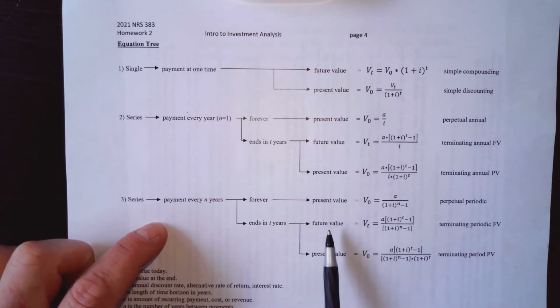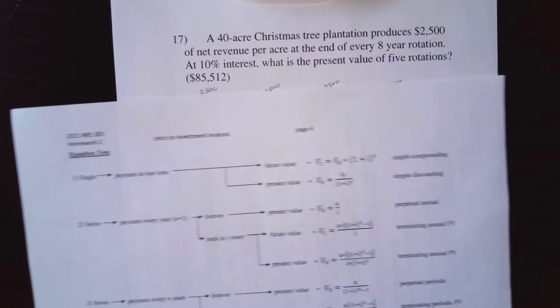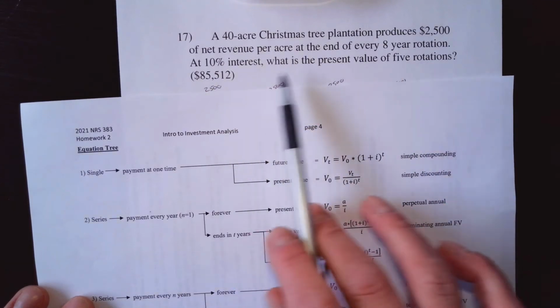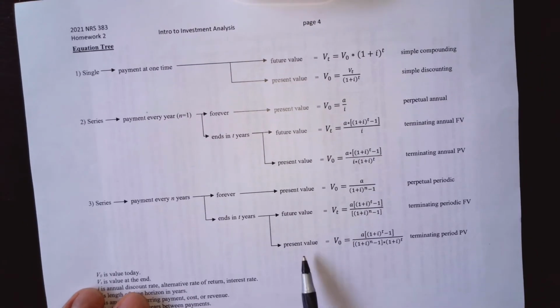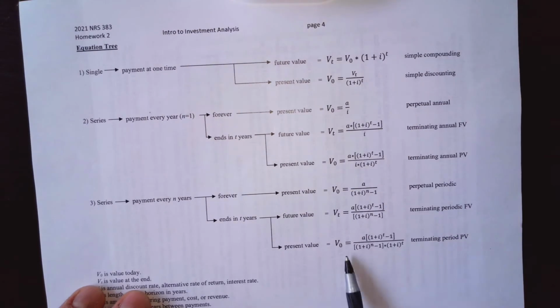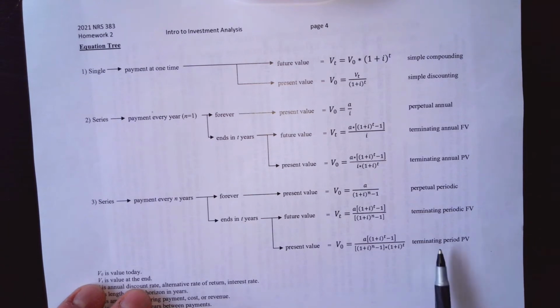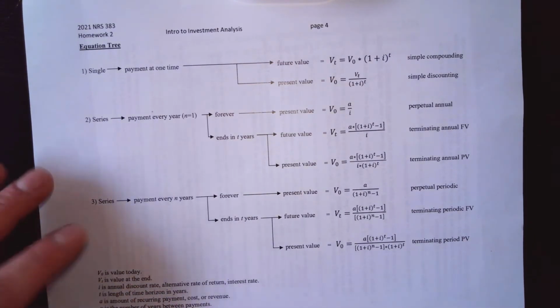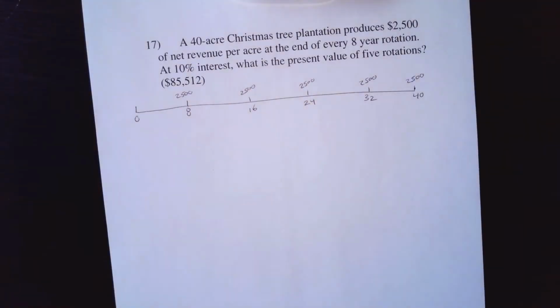And then the next thing we want to know is, is it the future value we want or the present value? In this case, we want to know the present value of 5 rotations. So we know we're doing present value. What I picked here is our ugliest equation that we have, which is the present value of a terminating periodic payment. Okay, so that's what our equation looks like.